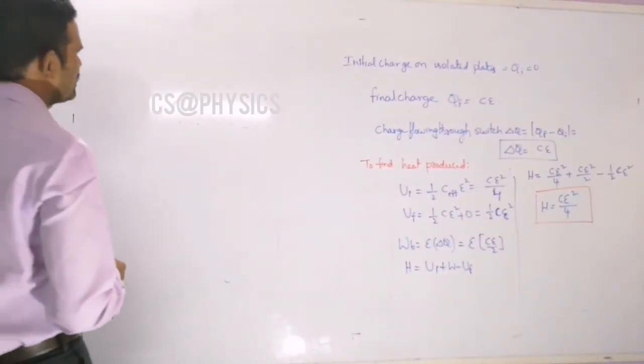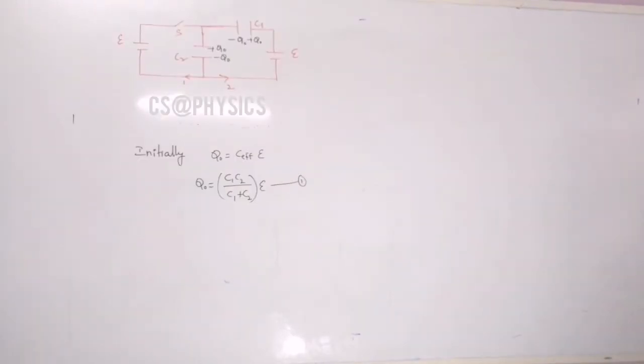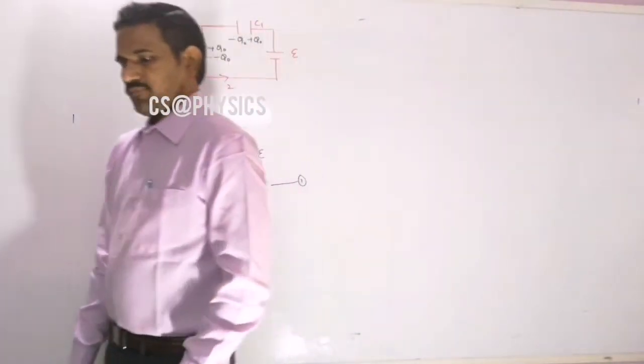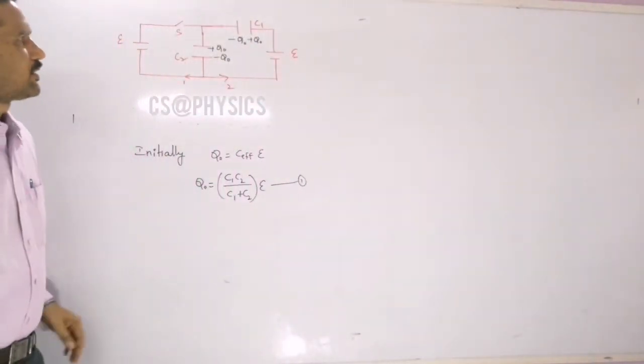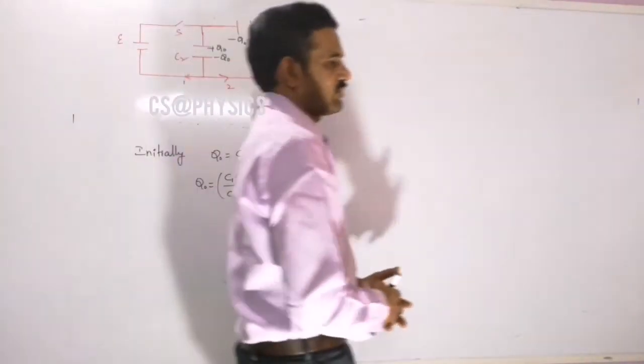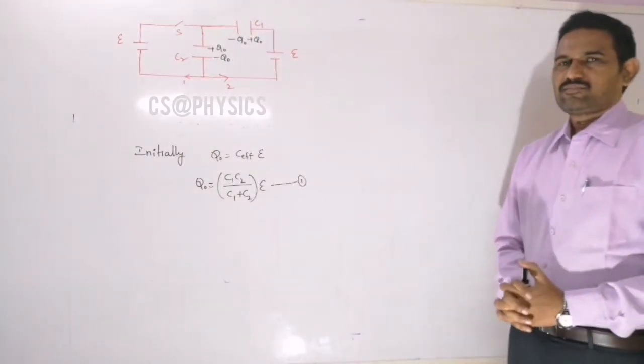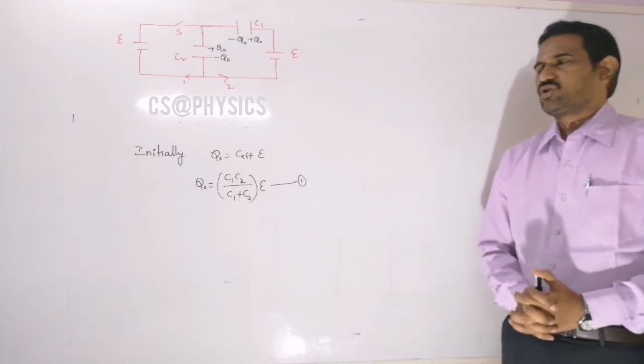For this let us take an example. Next, write this problem. In the circuit shown in the figure, the switch is initially kept open.